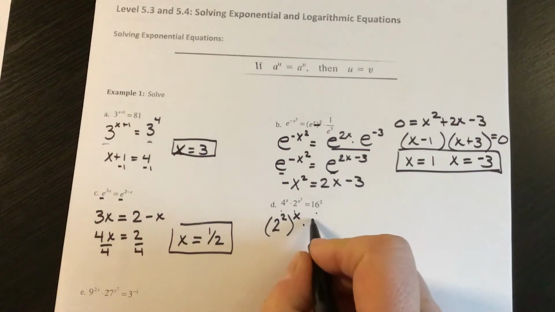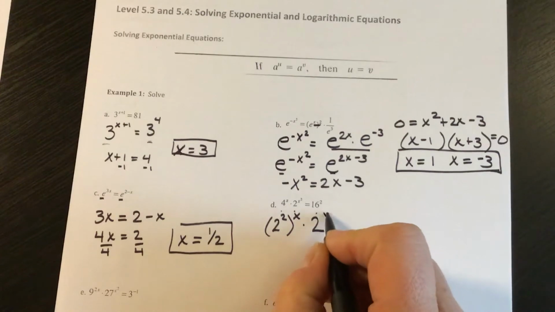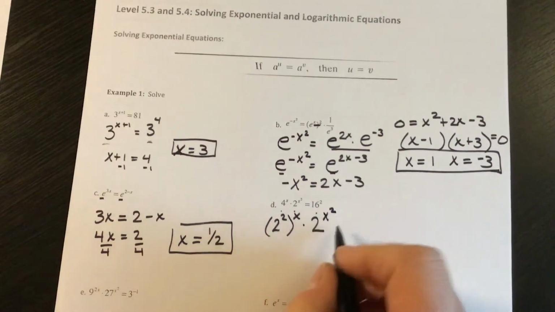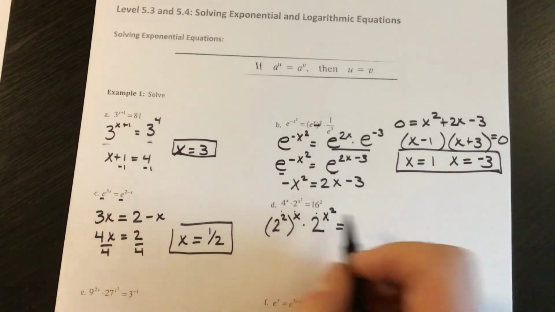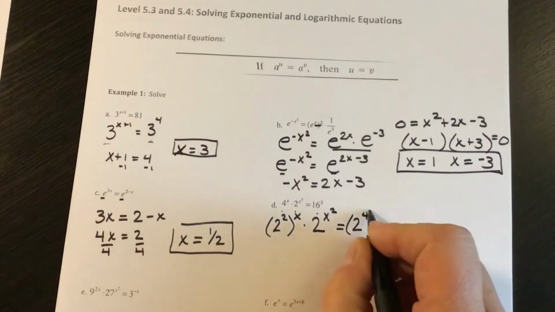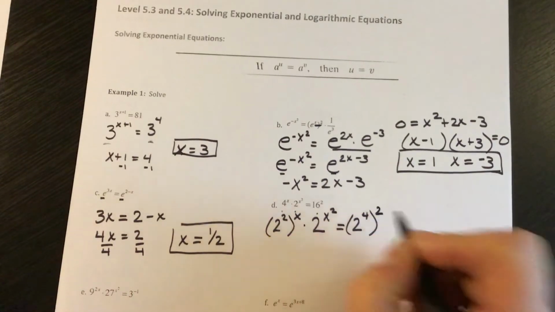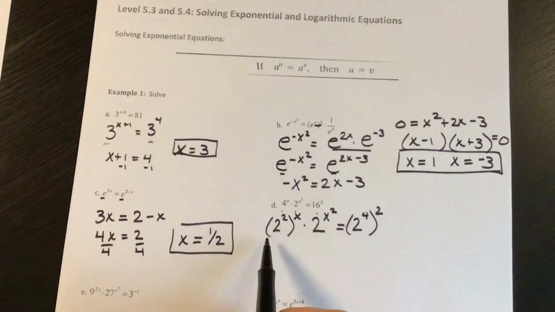And then I have 2 to the x squared power. And then I have 16 squared, and 16 is 2 to the fourth power, and this now is squared. So my bases are now all base 2.